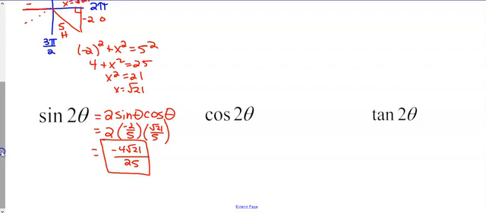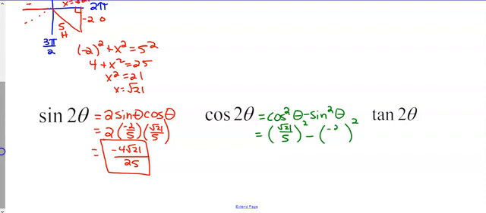Cosine 2 theta. That's where we do cosine squared minus sine squared. And this one, for whatever reason, I always set those up first. And then I'll fill in the fractions there. So cosine is root 21 over 5. And sine is negative 2/5.